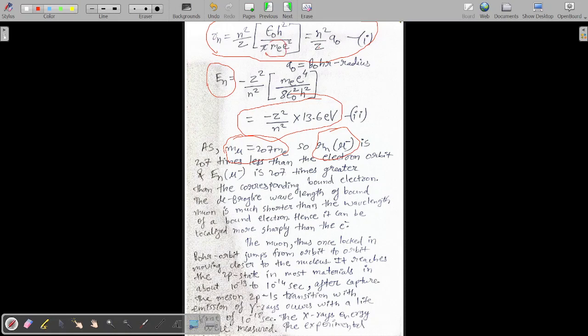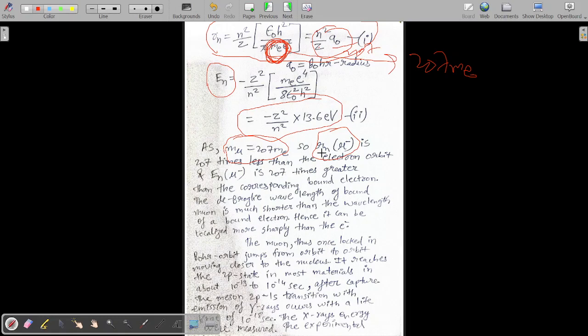Because over here, instead of mass of electron, 207 times mass of electron will be written. And as soon as 207 times mass of electron is written here, this expression will be reduced 207 times, because in the denominator 207 will come.